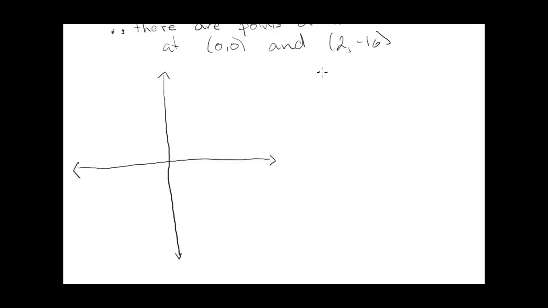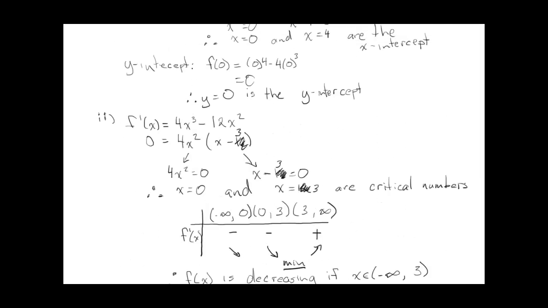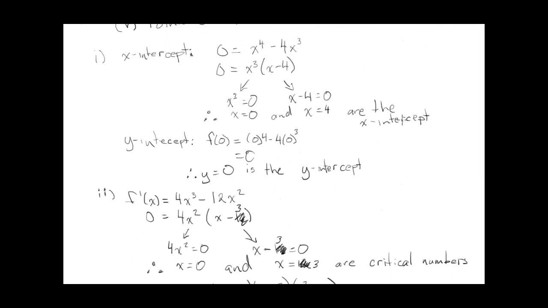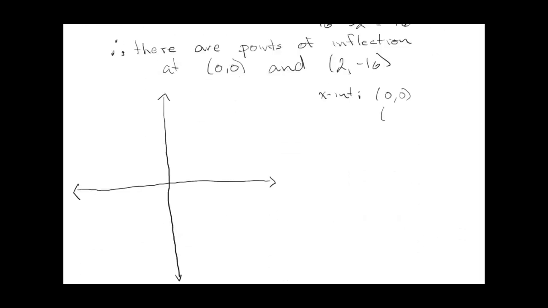You have your intercepts, so your x-intercepts, if we remember, that was (0, 0), and going back to the top, (4, 0). You have your y-intercept, which was (0, 0), so that's not a different point.